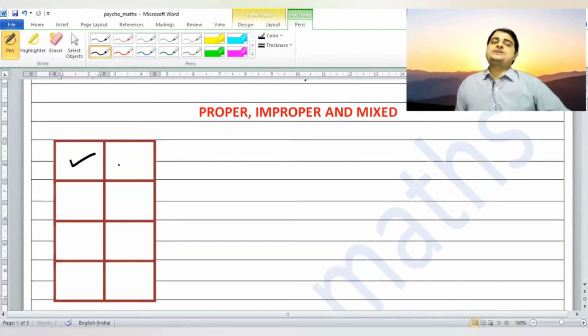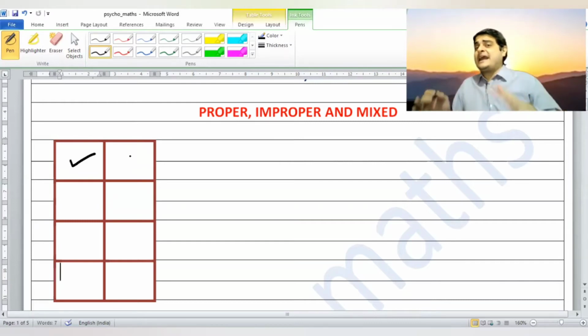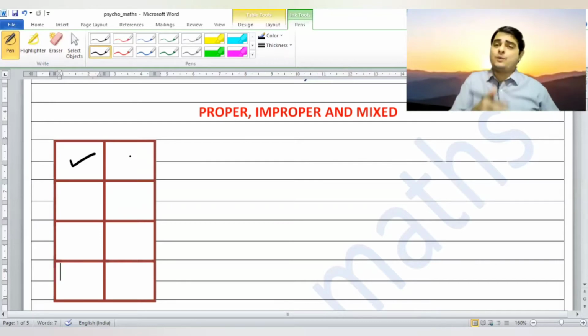When you are sharing with the first, that was still okay. You are having 8 pieces and you have to share 1 piece. That is proper. Is there anything wrong in it? No, that is proper. When you have 8 pieces and you have to share a single piece, that seems to be proper.